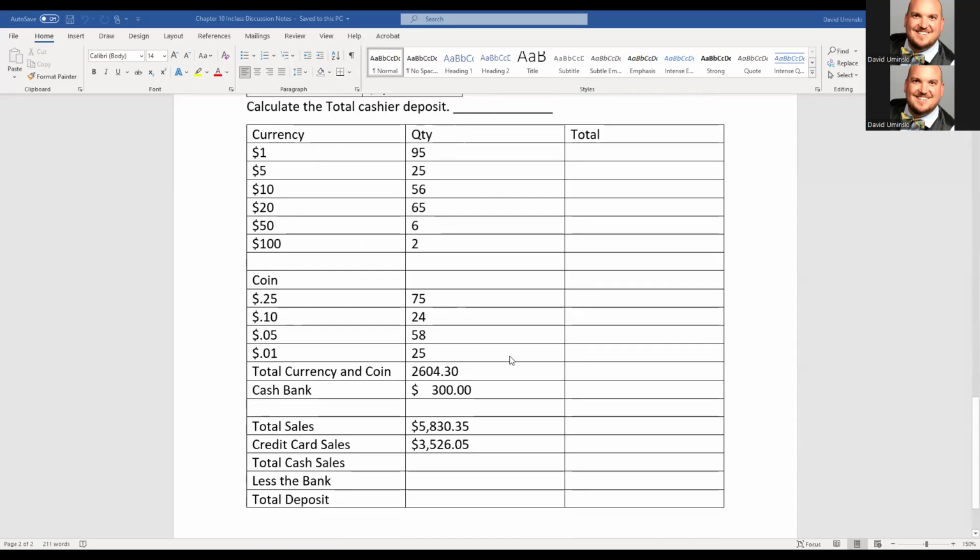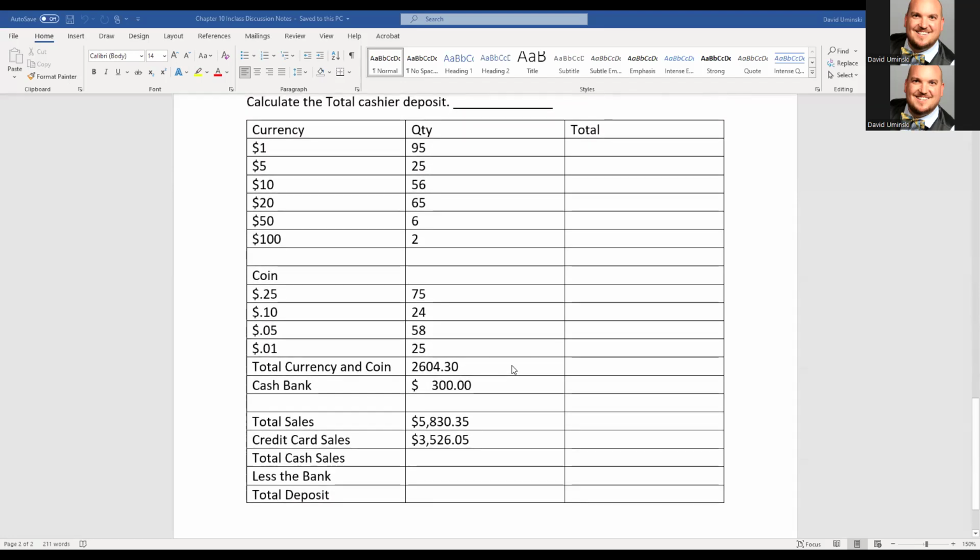All right. So now, different from the server. I mean, the server is going to be pretty similar to this, but typically servers aren't using as much quantity of different items, different currencies and whatnot. So basically, the cashier's deposit slip is going to look a little bit more detailed.